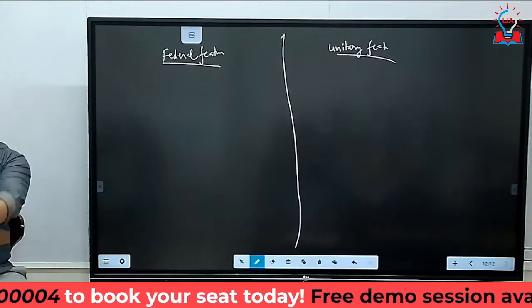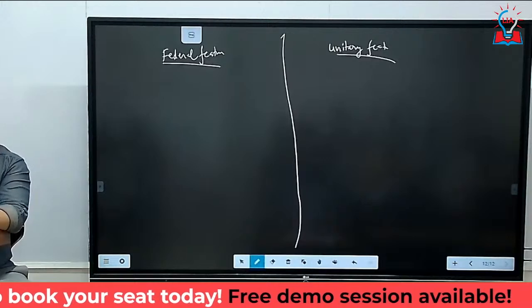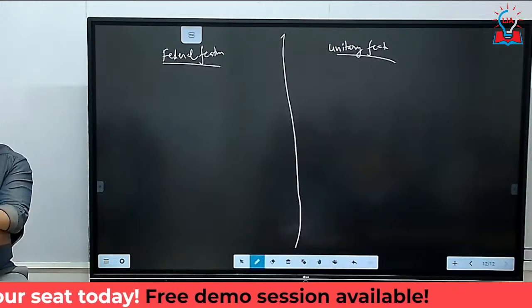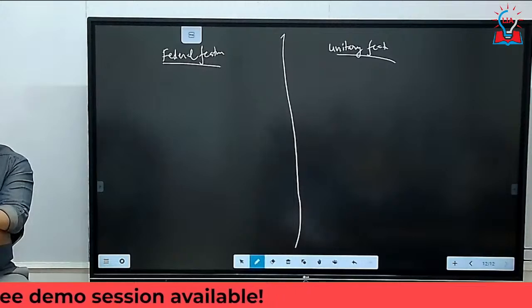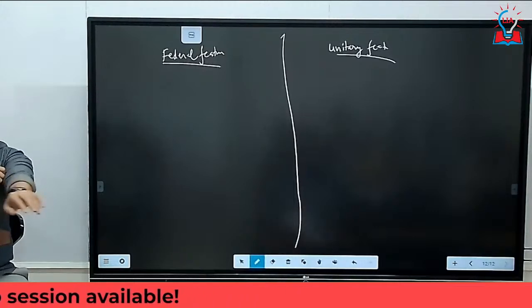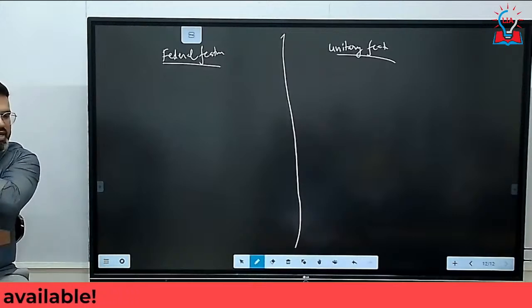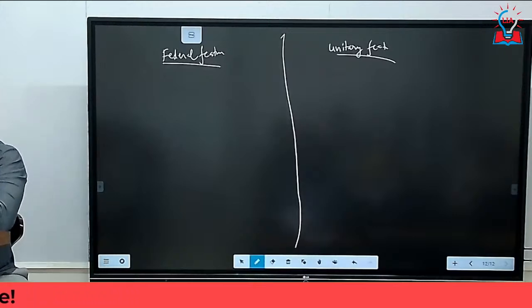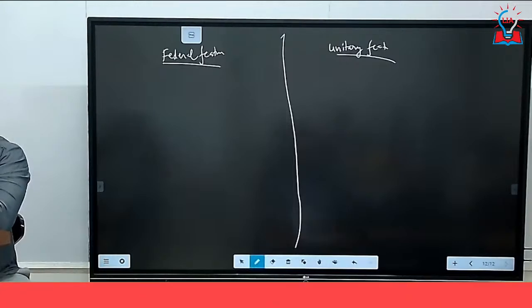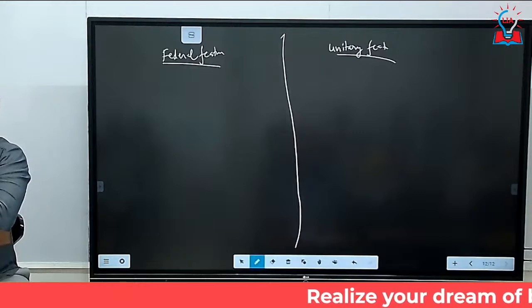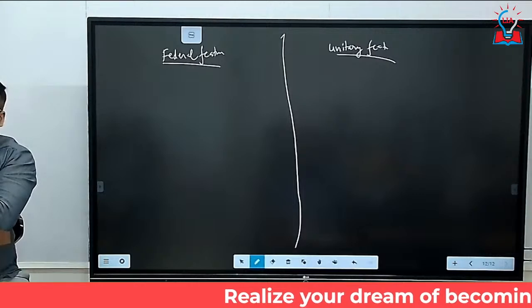Clear? Next will come single citizenship. A single citizenship, only one. Like you have a single citizenship only. It's not that Karnataka is giving one more citizenship to you. Single citizenship will fall where? So what benefit does the state get here? What benefit are they getting? Are they going to change your citizenship? No. So they are not able to do anything.